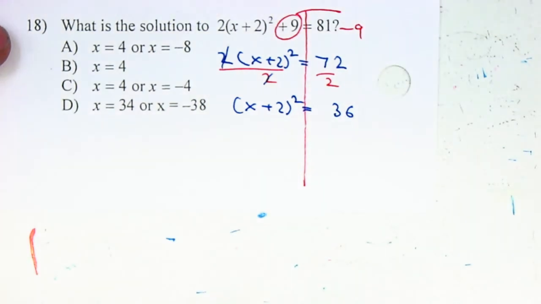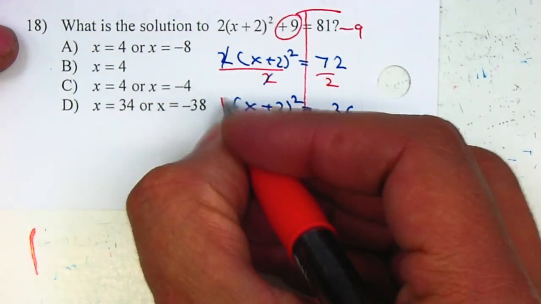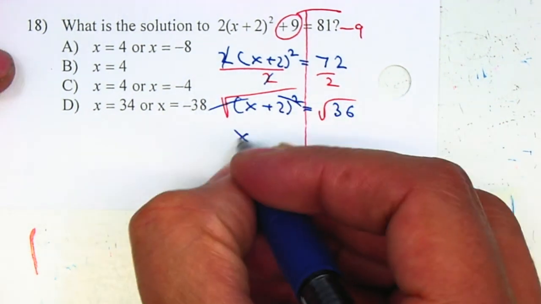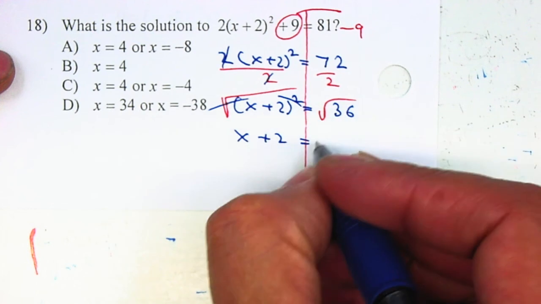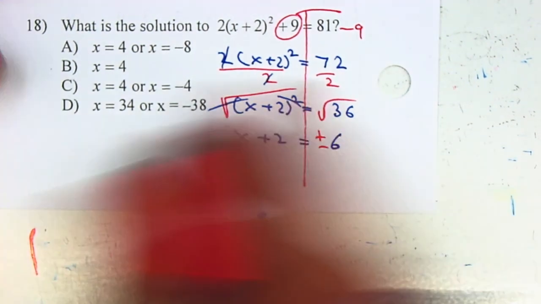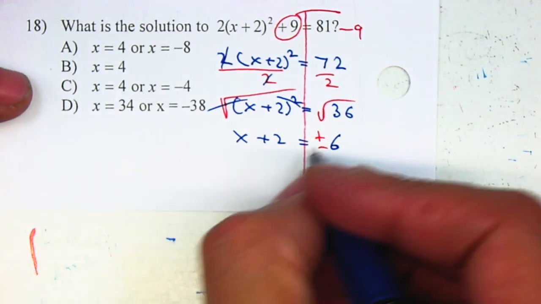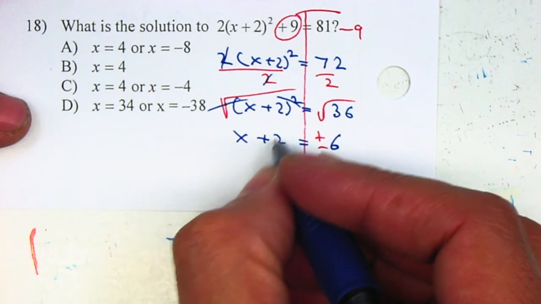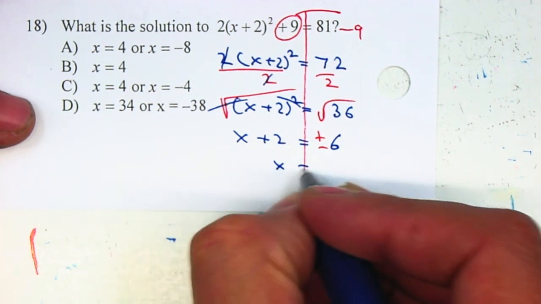Now I can get rid of the square. I can take the square root on the left and the right. The square and the square cancel, so I have x plus 2 is equal to the square root of 36, which is 6, but since I took the square root on both sides, I'm going to have plus or minus. That means that I'm going to have 2 solutions. I still need to leave the x by itself. I'm going to move my 2 to the right, becomes a negative 2.